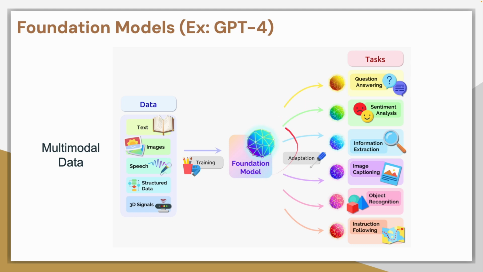Obviously, this foundation model might not have in-depth knowledge about all those domains, but this model can easily adapt to your domain by just using a small set of data and fine-tuning it. Similarly, sentiment analysis. As this is multimodal data, it has already seen a few image datasets as well. So I can use that for image captioning or object recognition also. So the same foundation model I can adapt to a different range of tasks.